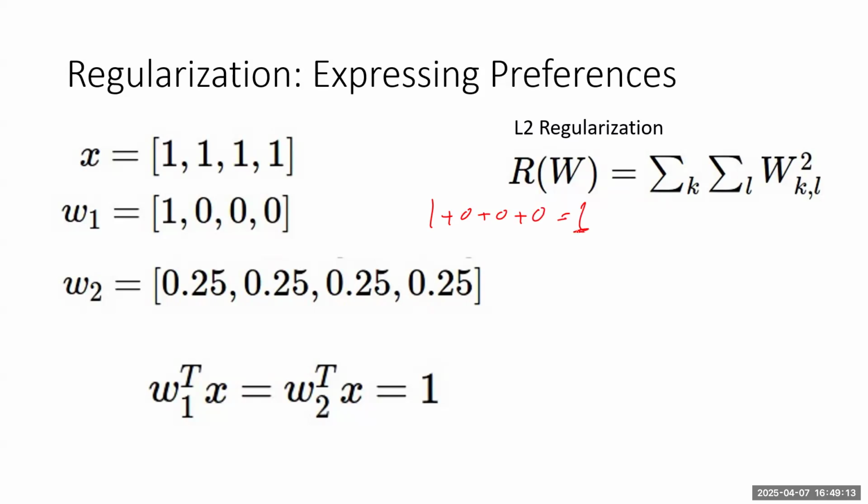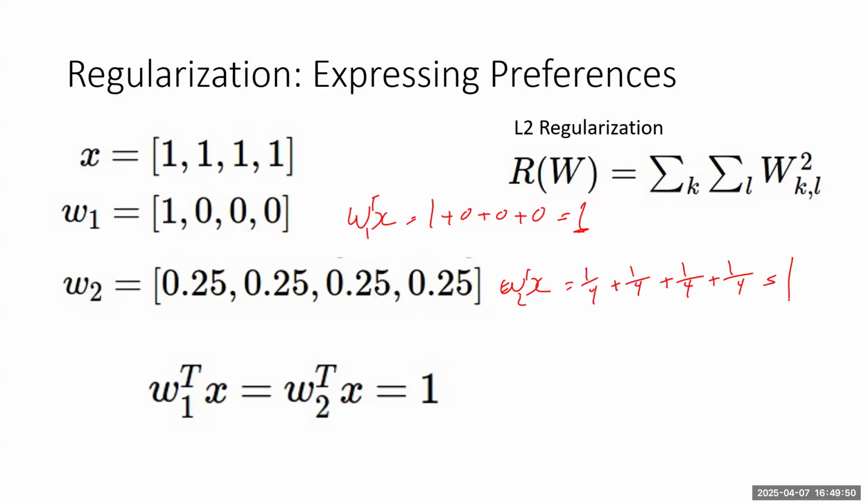For the other one, it will equal 1 over 4, 1 over 4, 1 over 4, 1 over 4. The sum in the end equals 1. So this value equals this value. So from the loss perspective, they are equal. Okay? Now, which one should I choose?